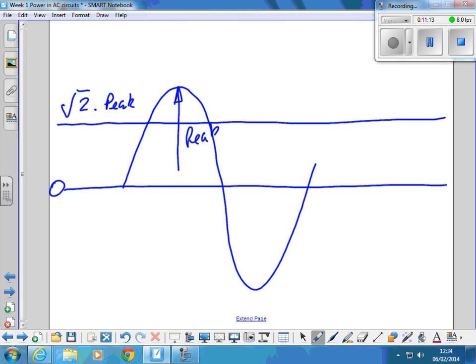So when they say the mains from these sockets is 230 volts nominally, that's the RMS value. It's the value that would give the same power in the same load as the same voltage DC.